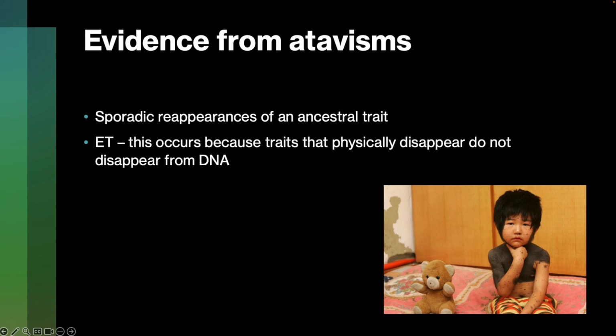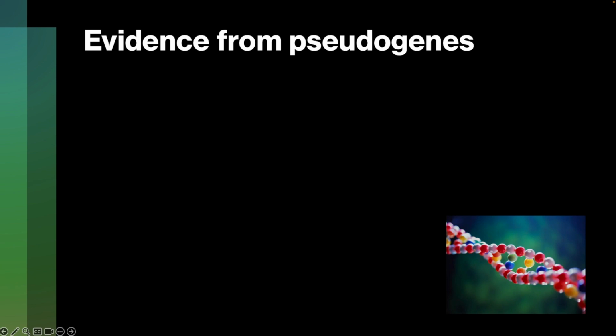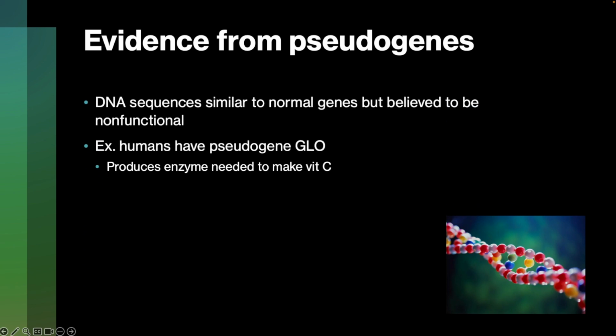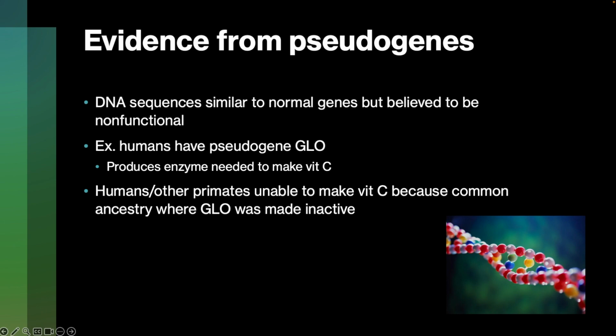Okay, so evidence from pseudogenes. This is in the same camp as the last one. These are DNA sequences that are similar to normal genes, but they're believed to be non-functional. The example is the pseudogene GLO. The real GLO has a function, which is to produce vitamin C. Can we produce our own vitamin C?